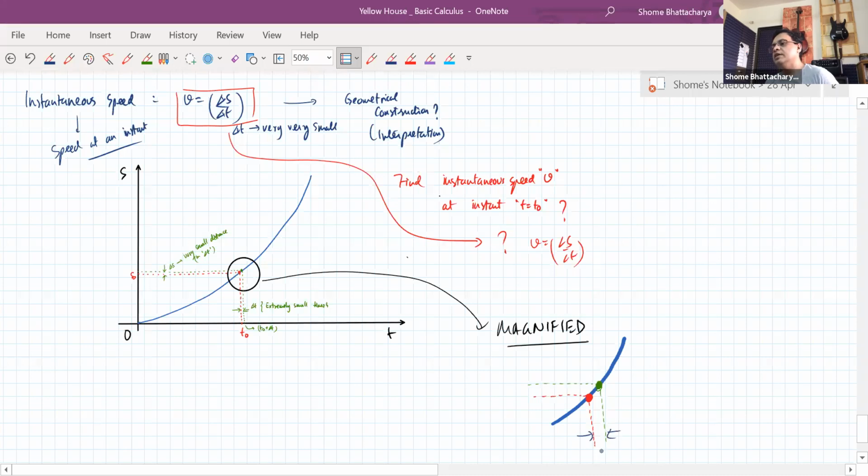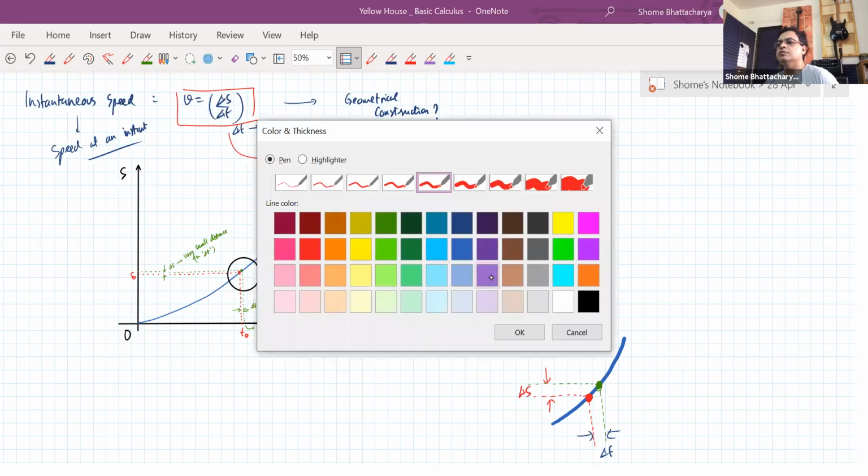So this is my delta t, and this is my delta S.